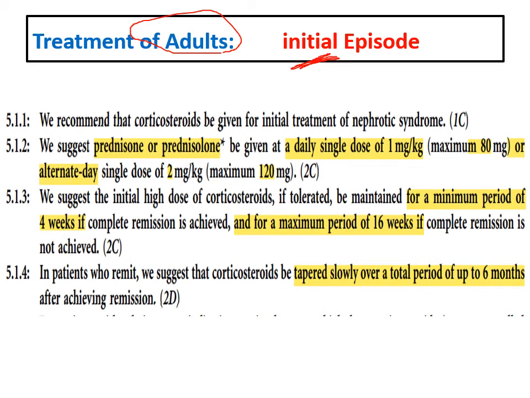In the initial episode, we should treat with either prednisone or prednisolone at a daily dose of 1 milligram per kg, maximum 80 milligram, or I can start alternate day steroids at a single dose of 2 milligram per kg, maximum of 120 milligram. Most of us usually start with single daily steroids.